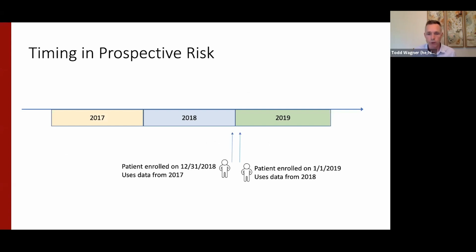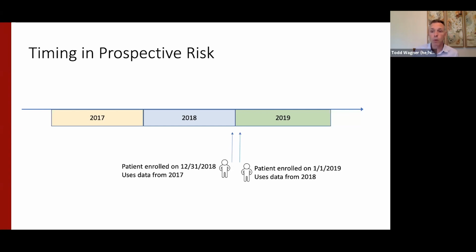Imagine you're tracking someone who was enrolled in a study on 12/31/2018: the most recent prospective risk score would be their 2017 data. And if you grab someone the next day, their most recent prospective risk score would be the 2018 data. So you would have a full year of difference in the risk score, and that creates a challenge when people are using this for health services research.